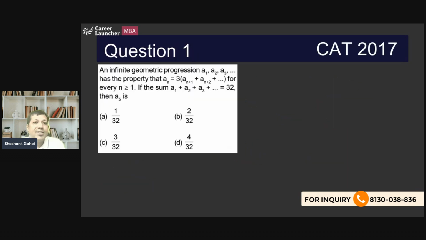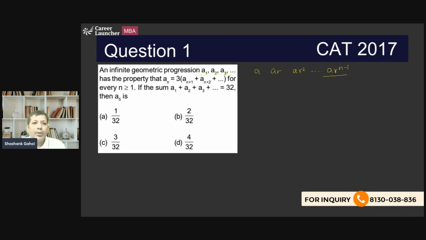So let's see, what is this first question? It says that an infinite geometric progression A1, A2, A3 has a property. So it is an infinite series. Let's say the series is, I'm not taking it as A1, A2, A3, I'm taking the series as A, AR, AR square, and so on. So the nth term of this series is going to be AR power n minus 1.